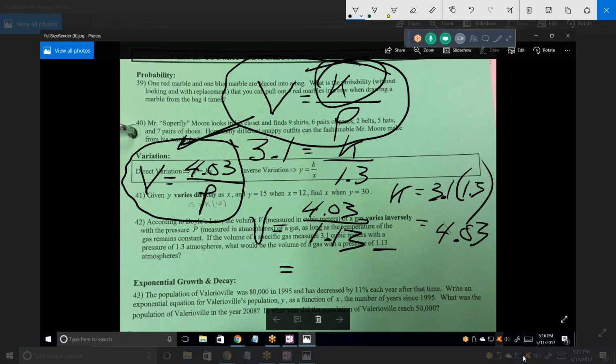But the important equation is on the left. You don't want to skip to that. Do it methodically: write the general, solve for k, write the specific, and then answer whatever question they give you.